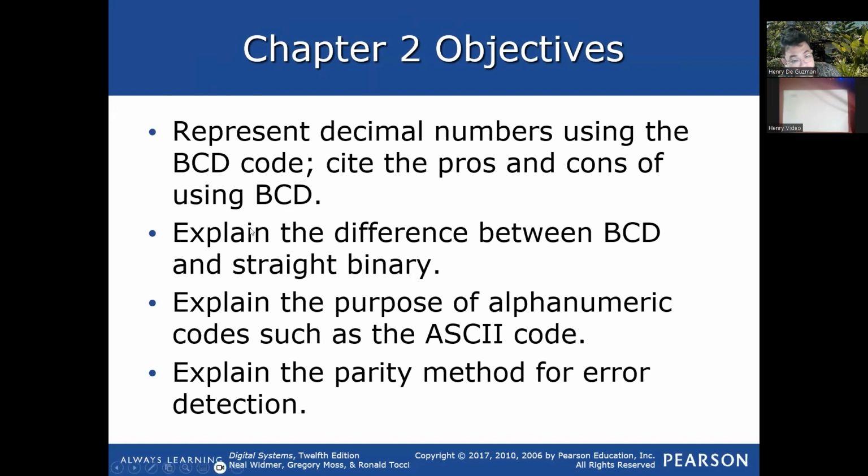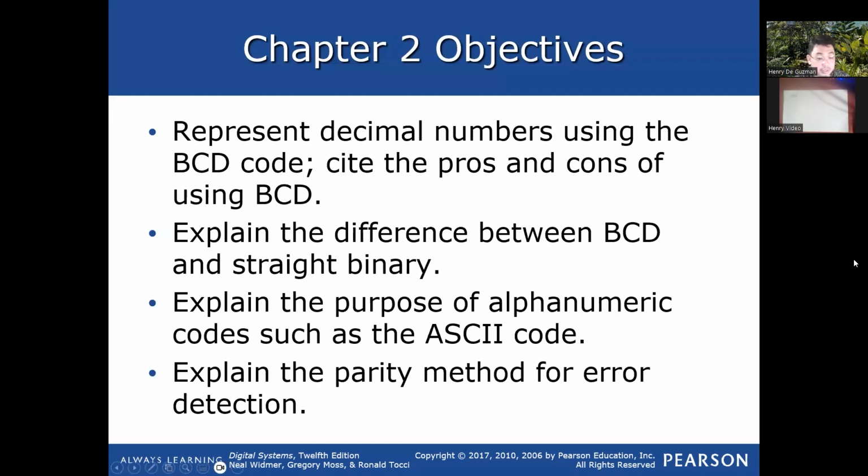Then we will represent decimal numbers using the binary code. We will discuss the pros and cons of the binary coded decimal, or the BCD. Explain the difference between the BCD and the straight binary. The BCD is not binary, so there is a difference between the two. Explain the purpose of alphanumeric codes, such as the ASCII code.